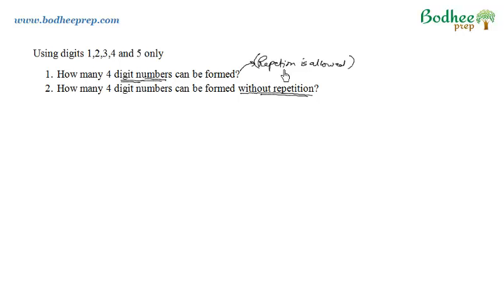This is the first thing to keep in mind. I'll mark this as what we have learned here: how to identify whether repetition is allowed or not if it is not mentioned in the question.